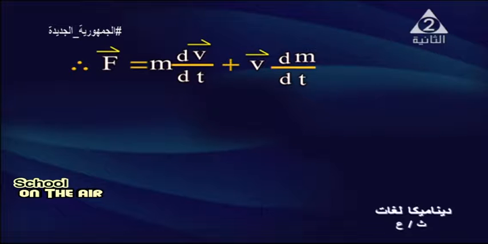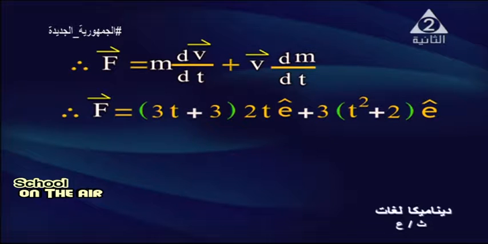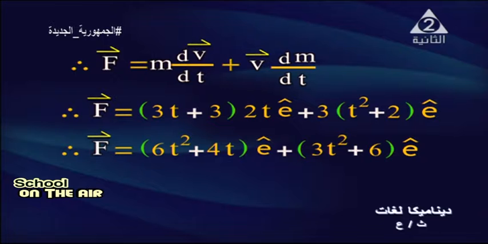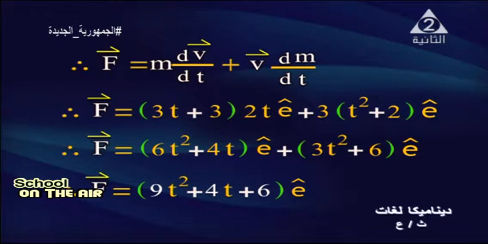Then F equals the mass m, which equals 3t plus 2, times 2t e, plus the velocity t² plus 2 multiplied by dm/dt, which equals 3, in direction e. Then vector F equals (6t² plus 4t) in direction e, plus (3t² plus 6) in direction e. Then the force vector F equals (9t² plus 4t plus 6) in direction of e, which is a unit vector parallel to the straight line in which the particle moves.